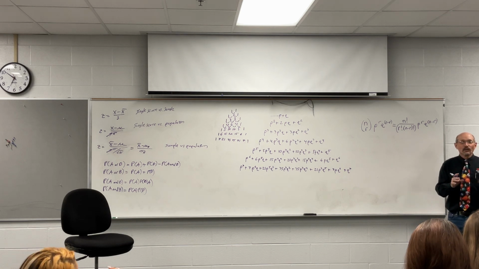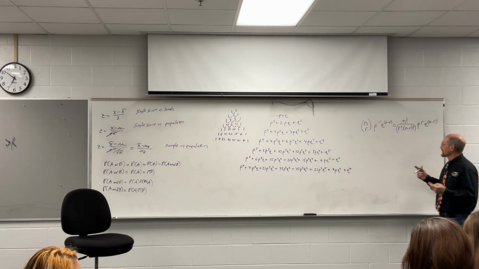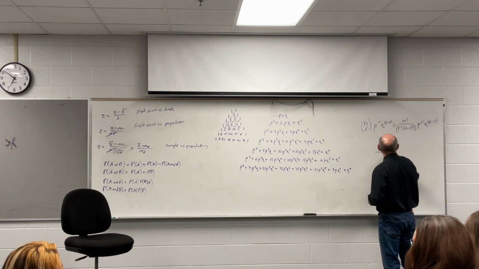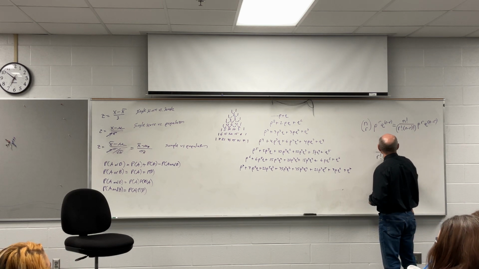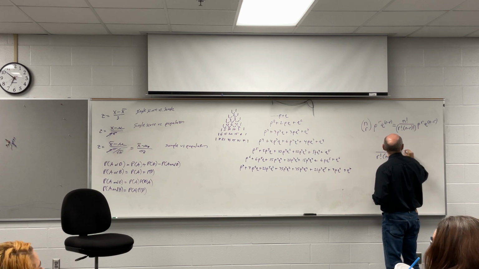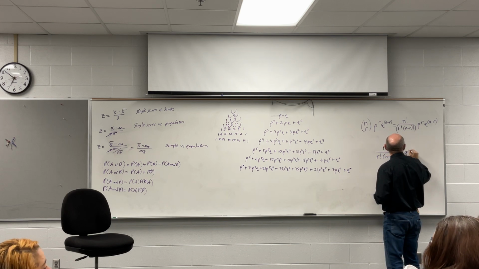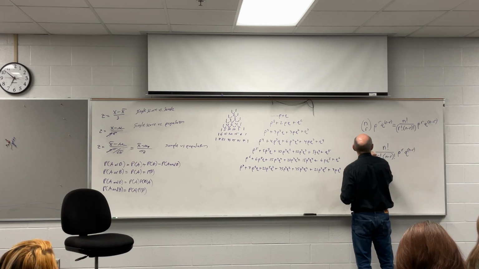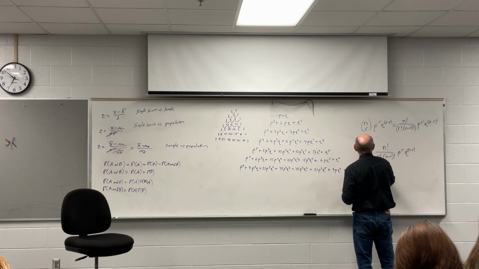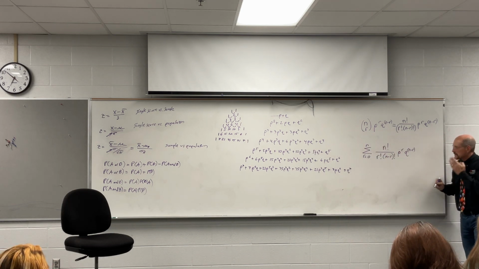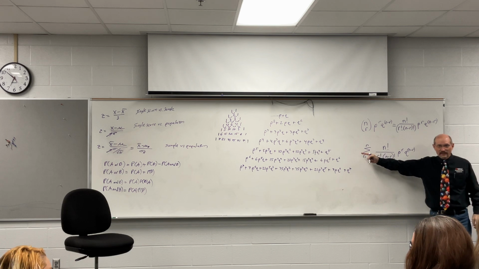I'll give you one more variation. That's the one I like. If I take N factorial, and I modify it slightly, I get R factorial times N minus R factorial. Put a summation sign in front of it.